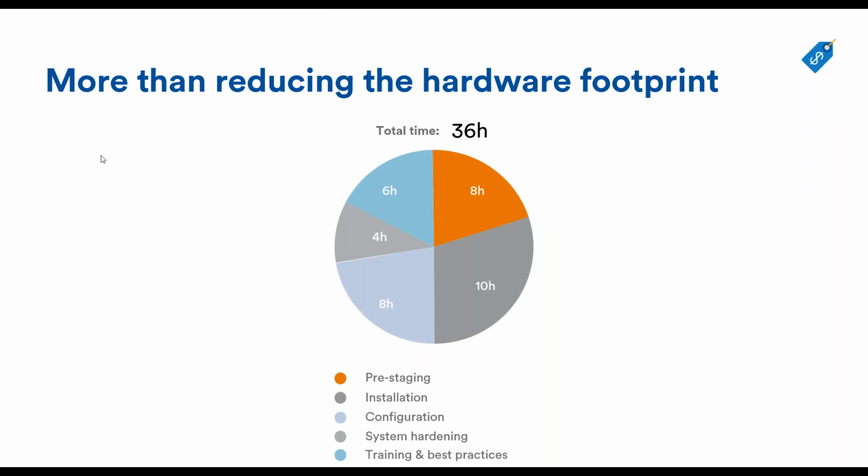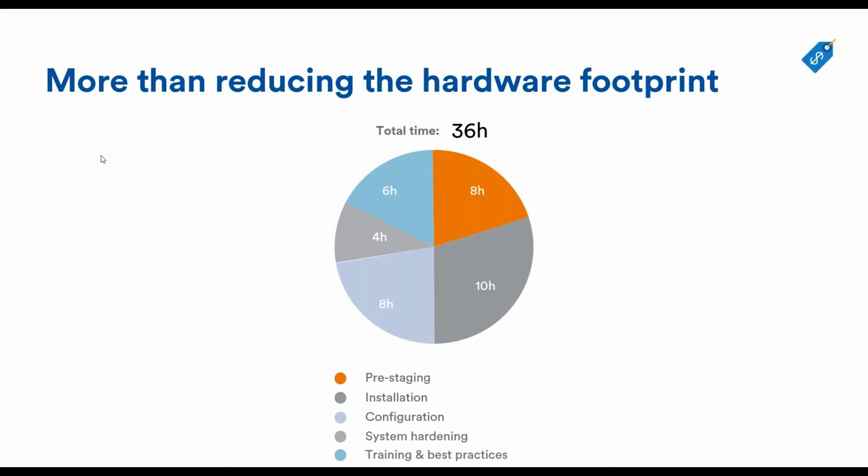The TCO is more than only reducing the hardware footprint. Let's analyze only the deployment cost, which in general represents 10 to 15% of the cost of the security system. It takes between 4 to 8 hours for a technician to prepare a server, and staging time is a must.